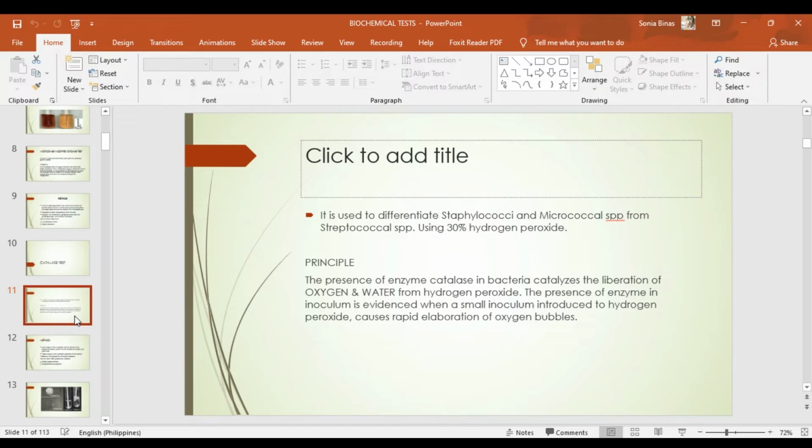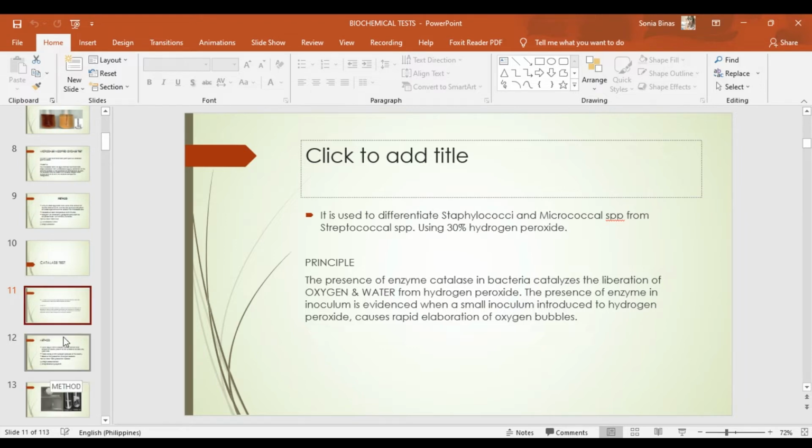The presence of enzyme catalase in bacteria catalyzes the liberation of oxygen and water from hydrogen peroxide. The presence of the enzyme in the inoculum is evidenced when a small inoculum introduced to hydrogen peroxide causes rapid elaboration of oxygen bubbles.